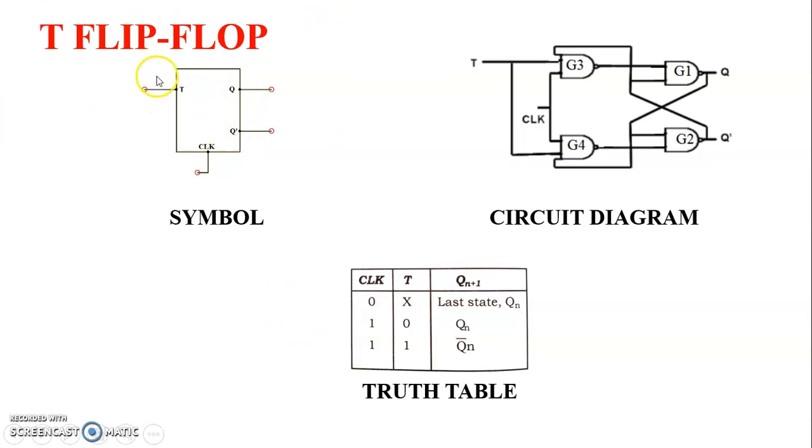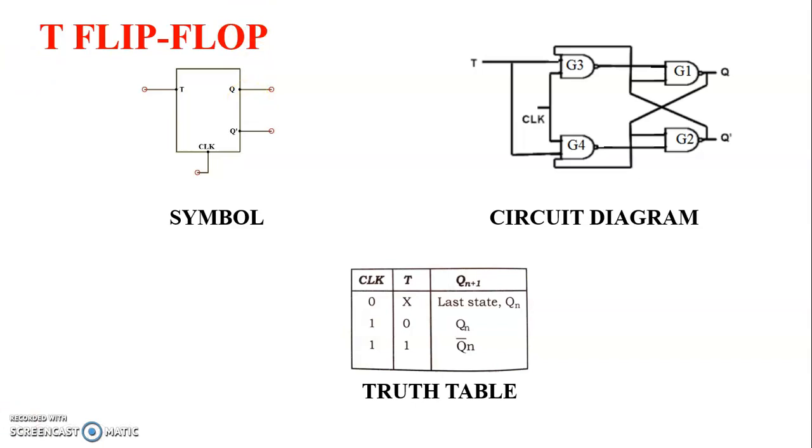For a T flip-flop, we have one input and two outputs, that is Q and Q bar. The T flip-flop is also called a toggle flip-flop. Here T is the toggle input.